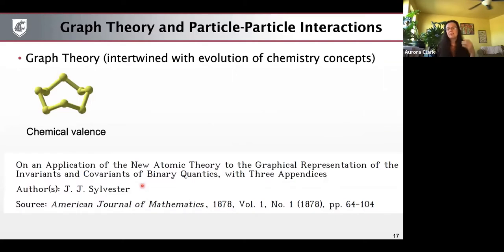And so you might have guessed from my introduction that graph theory has been intertwined with the evolution of chemistry concepts. And I showed an example early on of how chemistry helped inspire Cayley. But in fact, the fundamental way in which we think about molecules is very graph theoretical and has helped us to understand fundamental concepts in chemistry, like valence, which is just how many edges you have associated with an atom-based node based upon its electronic structure.